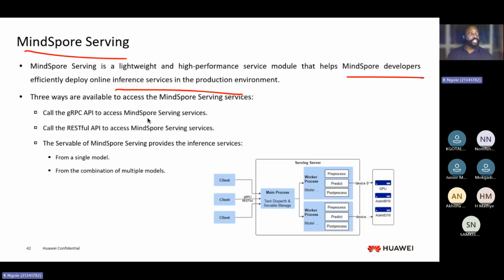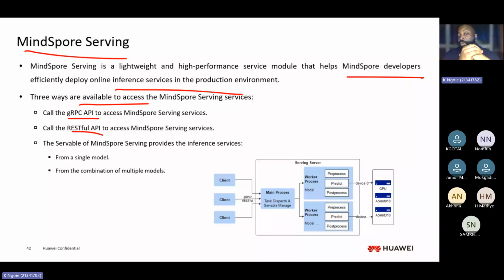You need to know that there are ways available to access the MindSpore Serving service. The first way is to call the gRPC API. The second one is to call the RESTful API. What does it mean to call the gRPC API? RPC stands for remote procedure call.